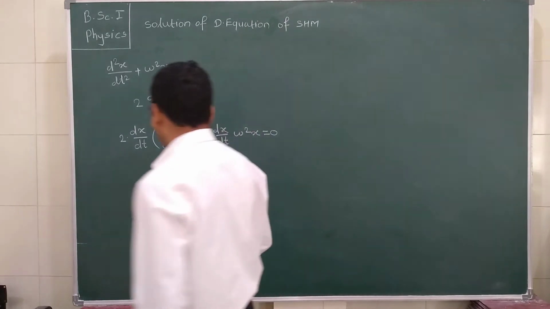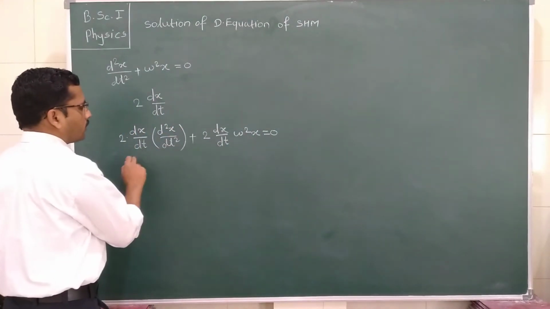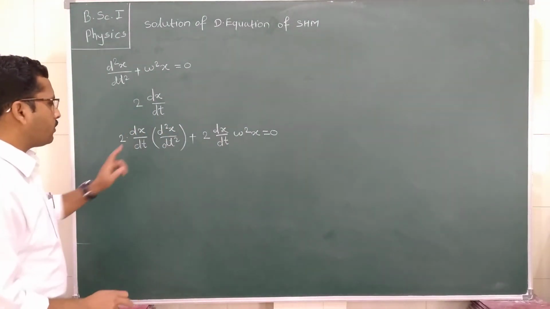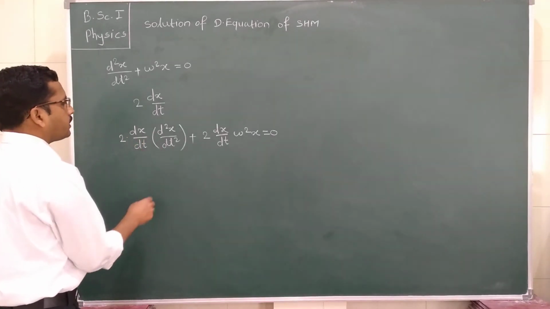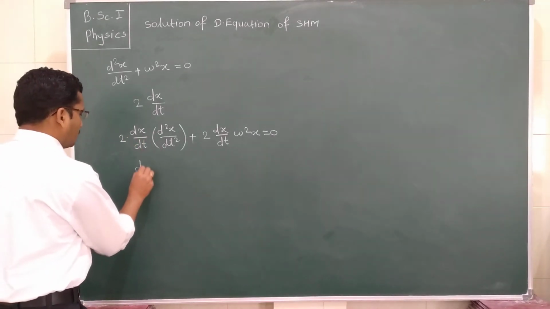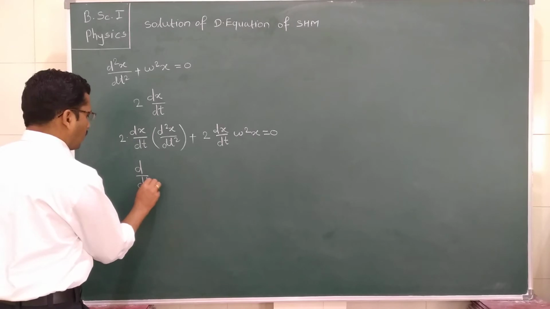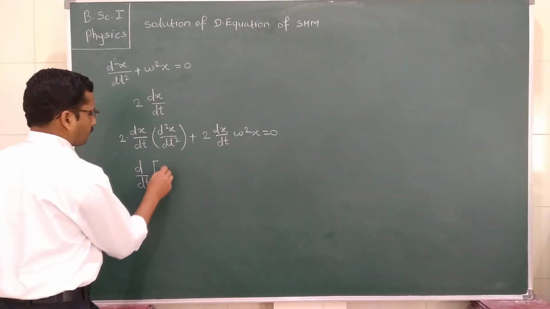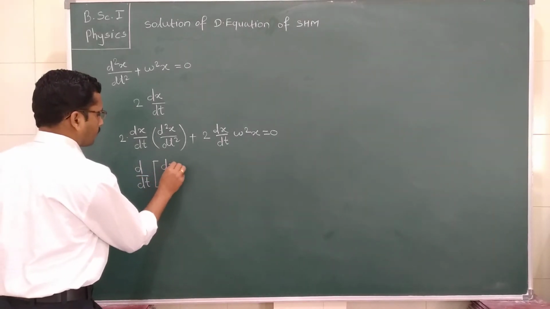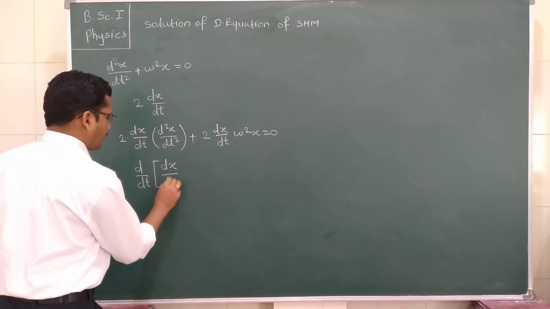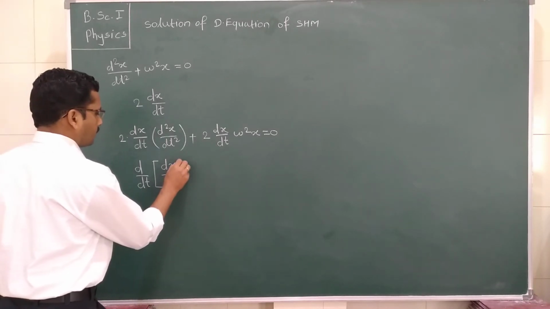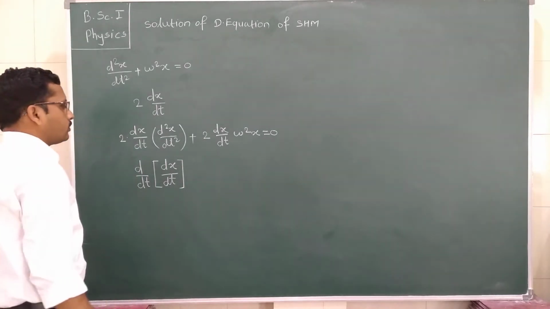Now this whole term is the time derivative of d/dt of dx by dt. So what is this?